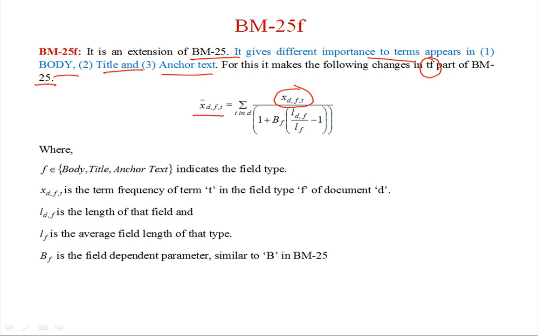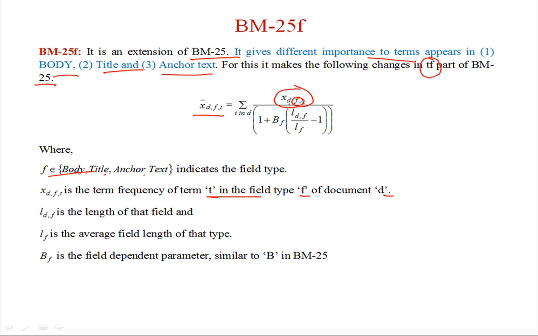Earlier it was the frequency of term t in document d. Now it adds this f part, which represents whether the term belongs to the body, title or anchor text, meaning the field type. So x_dft is the term frequency of term t in field type f of document d.